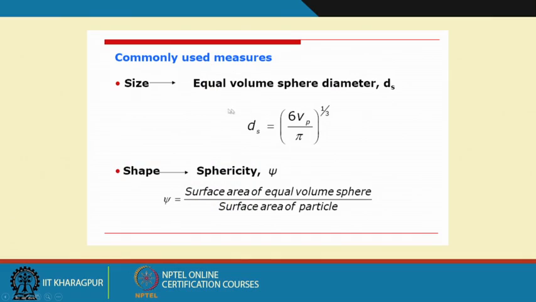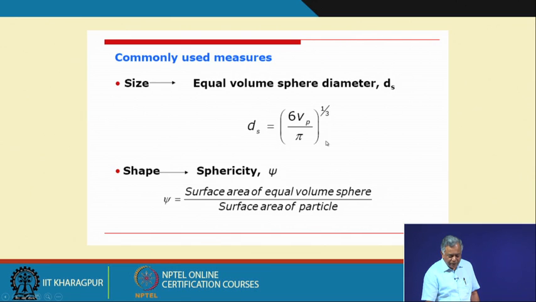Then we can calculate back, if I have a spherical particle of that identical density, what would have been the size equivalent of that particle to have a similar volume displaced. So, we can write, based on this formula, the equivalent volume sphere diameter, that is for size.